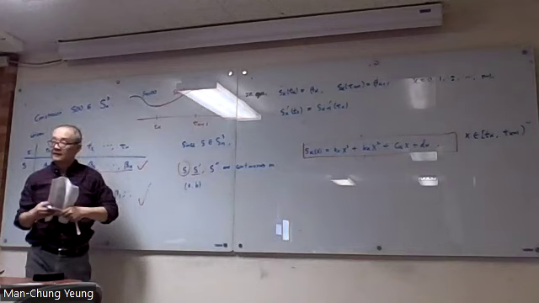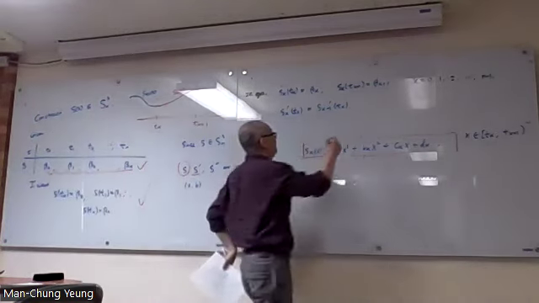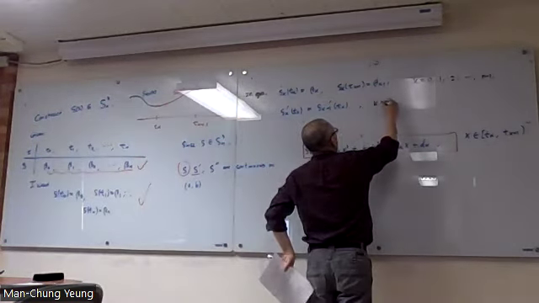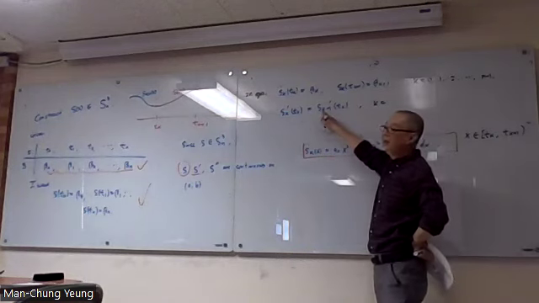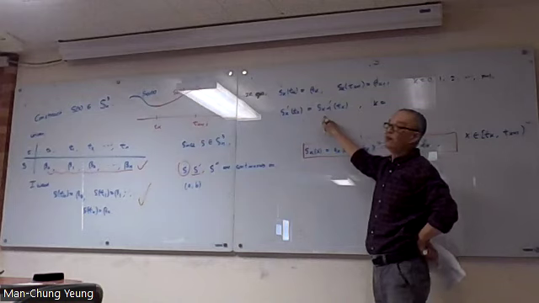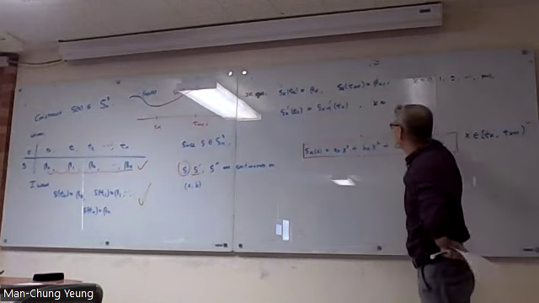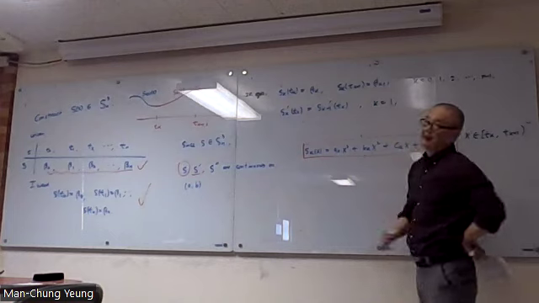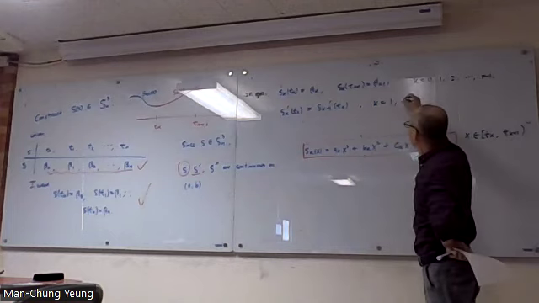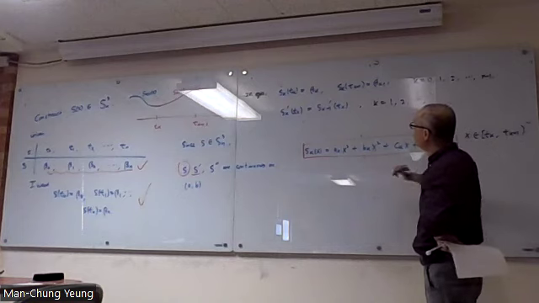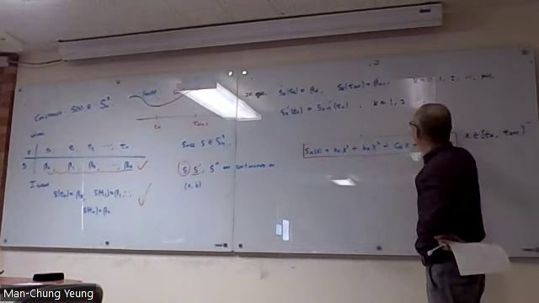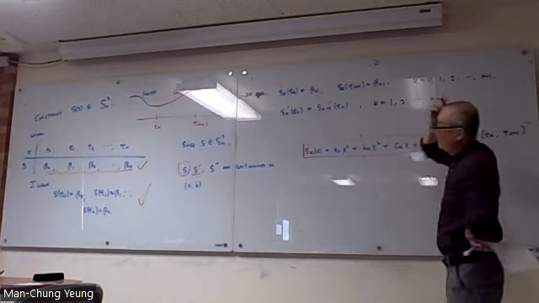What is k? k cannot be 0, because then we would need S negative 1, and we don't have S negative 1. We have S0. So k starts from 1, 2, up to n minus 1.